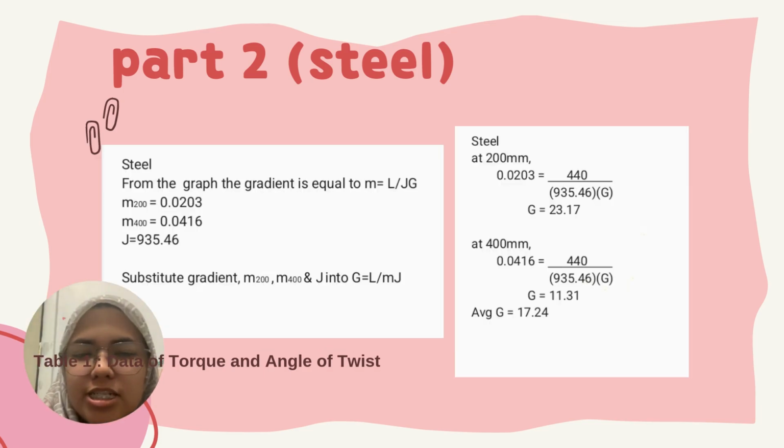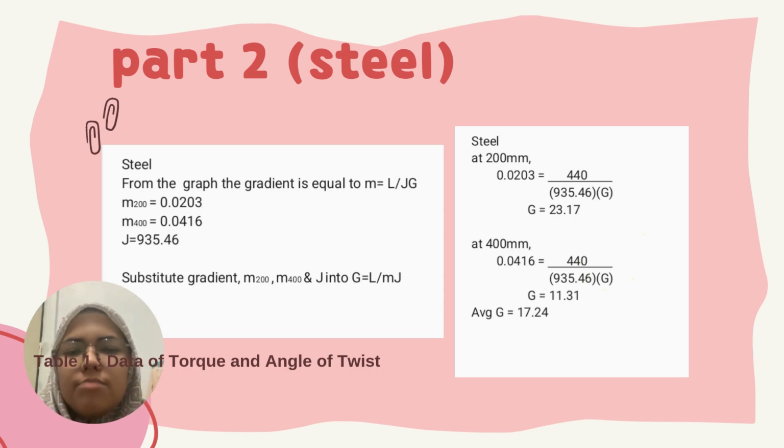So for the calculation in part 2 with the steel bar, the gradient shown in the graph is 0.0203 for 200 millimeter, and for the 400 millimeter it's 0.0416, and the J is 935.46.